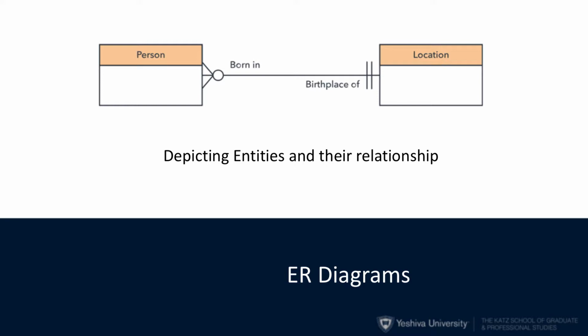So the relationship here is defined as many to one and to only one. If we look at the ER diagram shown, we see the crow's feet on the left with the 0. That depicts that I have many people or 0 people, and on the right I show one and only one location. So this is many people can be born in a single location.